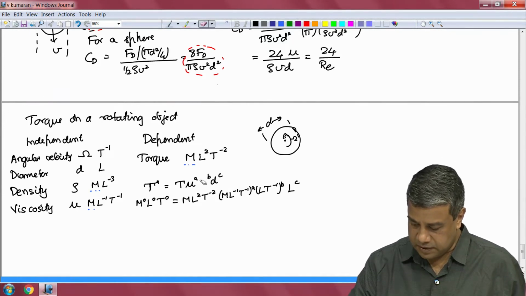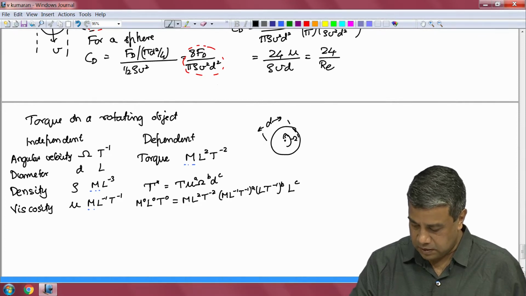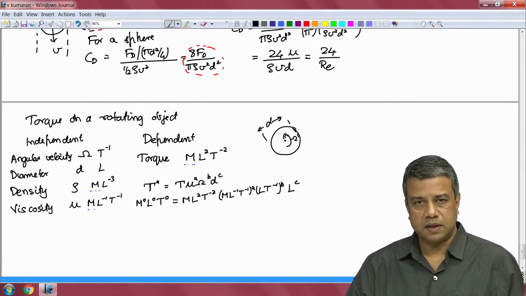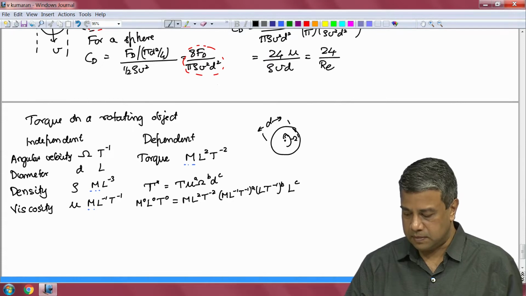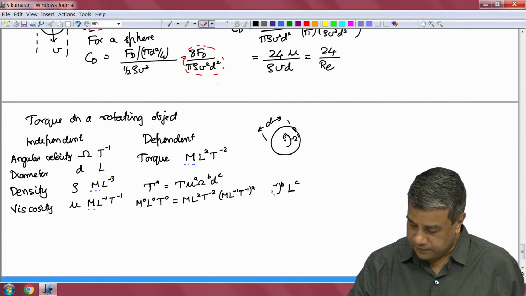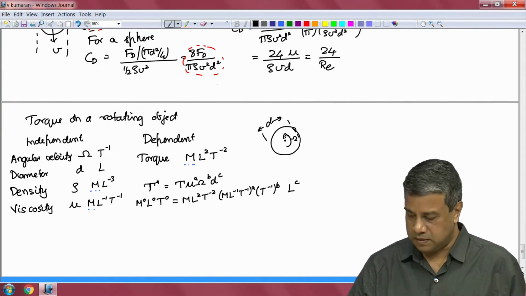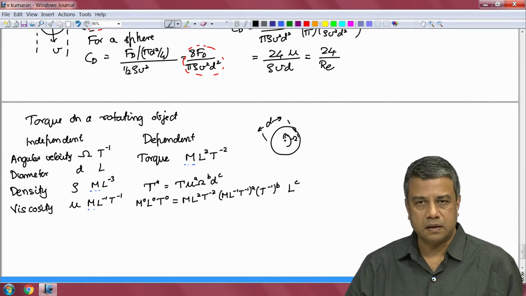It should not be the velocity, it should be the angular velocity, which is the independent quantity. Kindly note that it should be the angular velocity, and therefore, I should have this as T inverse power B times L power C. So, that is the relationship between the dimensions on the left and the right side.